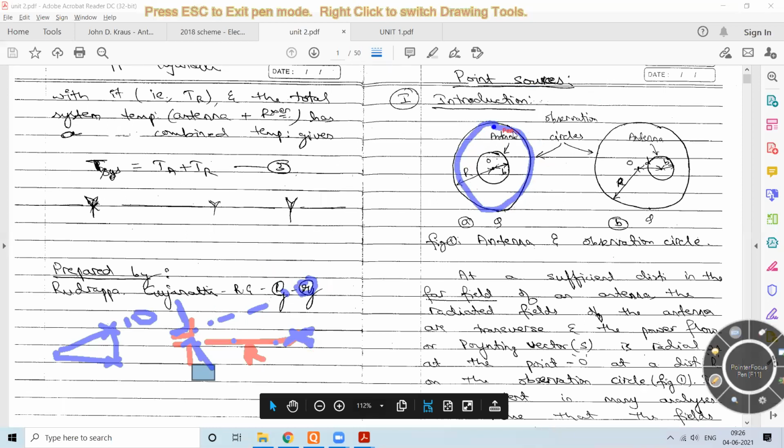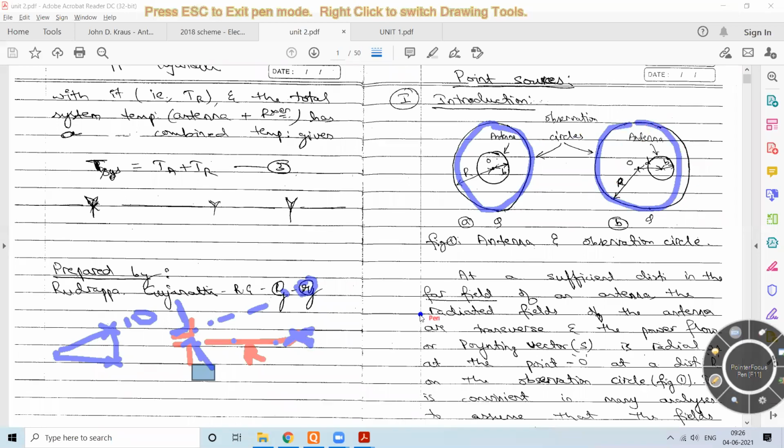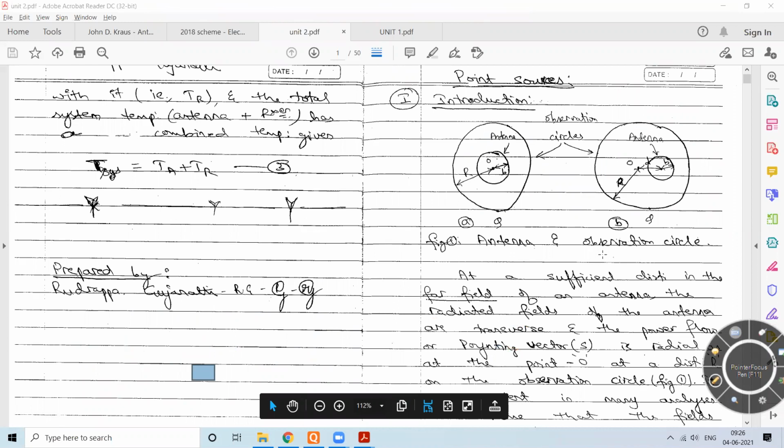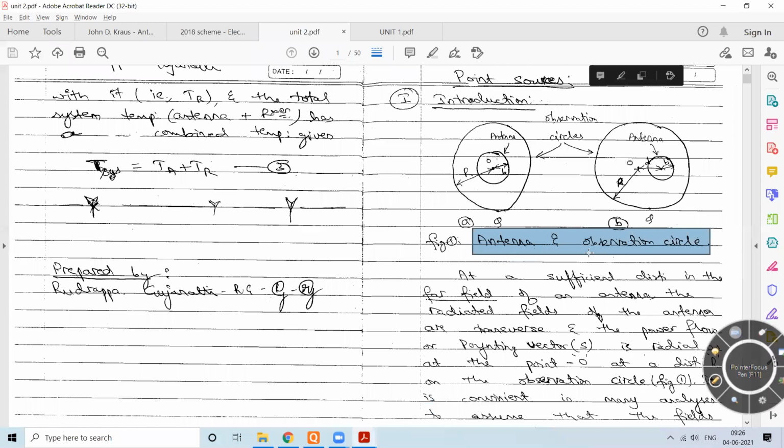By rotating the antenna, you will be able to identify the field distribution or the radiation being emitted by this antenna. So this is how we can go ahead with respect to the observation circle. One is to keep the antenna constant and move around the observation circle.